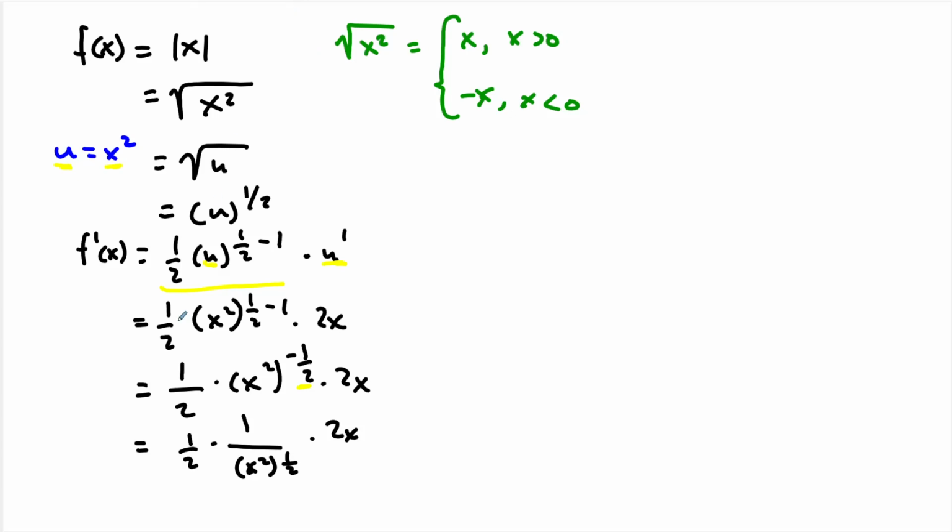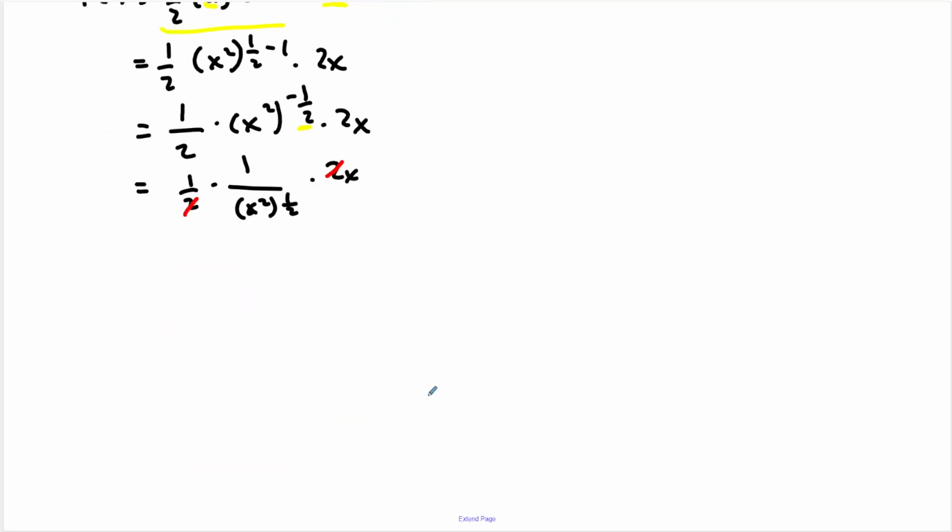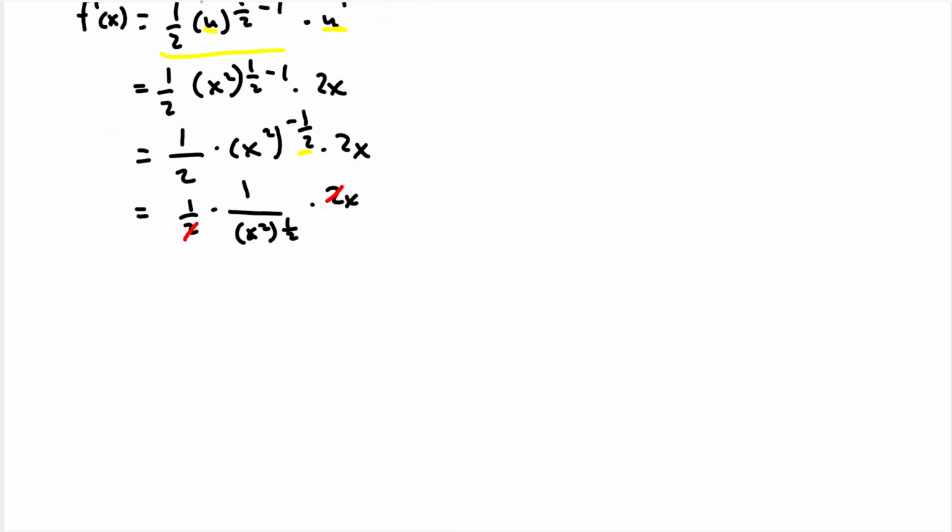Now, if you want, we can skip ahead and just cancel the 2's, and then we get x over x squared to the 1 half. And remember, x squared to the 1 half is the same as the square root of x squared, so we have x over the square root of x squared.